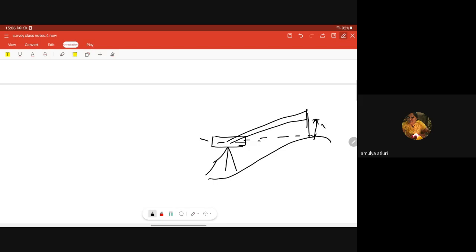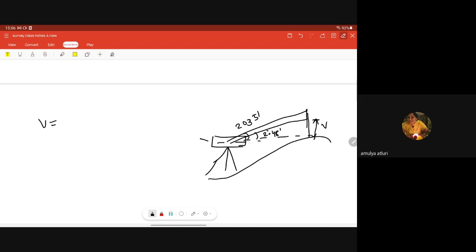So this is your V, and they have given this angle 2 degrees 48 minutes, and this angle as 203.51, right? What they're asking us to calculate is D and V values. So what is V value?